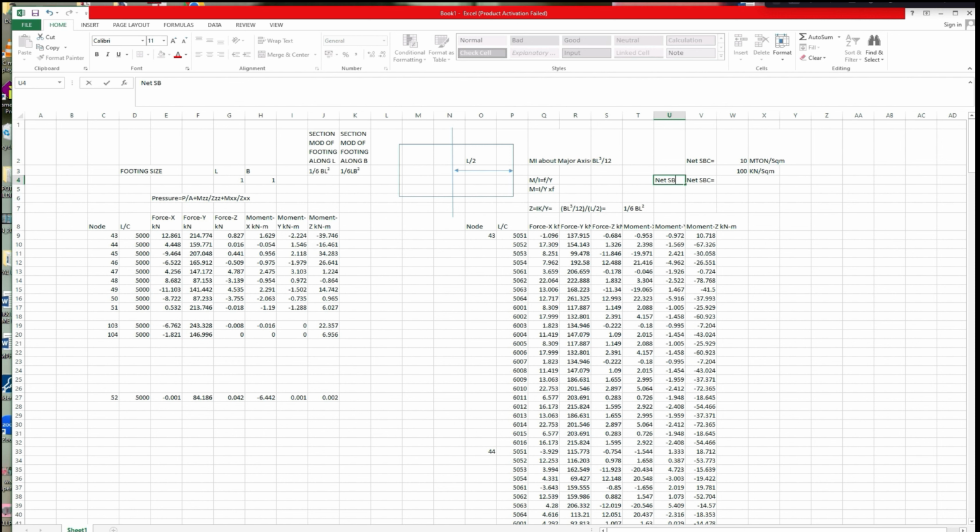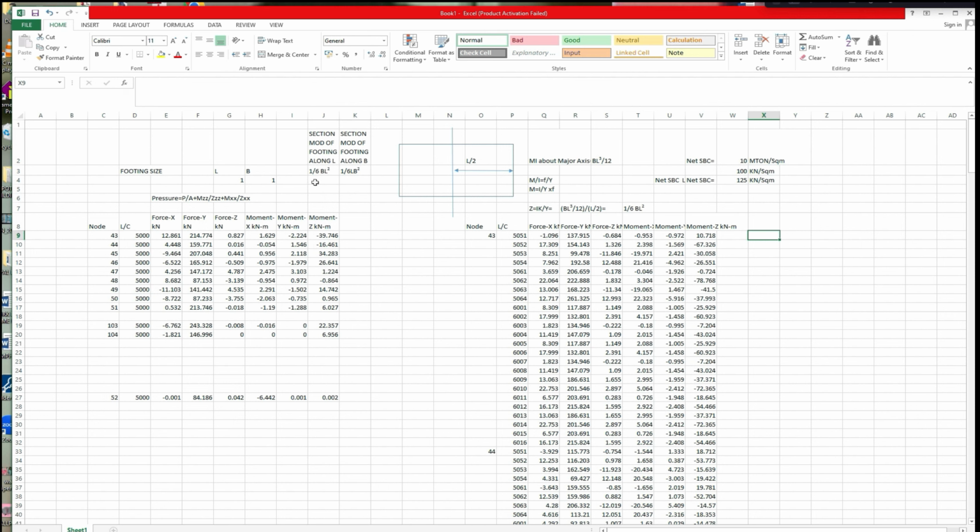For a 25% increase, assuming medium soil having an SPT value of around 10 or more, we need to refer to the earthquake code. So this will be 125 kilonewton per square meter.